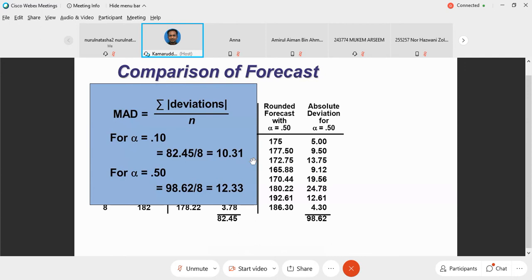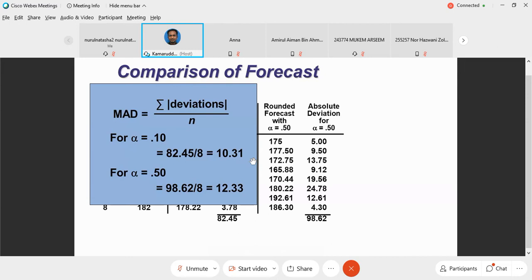Baik, kamu boleh tulis apa saja untuk kesimpulan berdasarkan mean absolute deviation tersebut dan pastikan kamu masukkan nilai forecast error yang terendah dan kenapa kamu pilih.